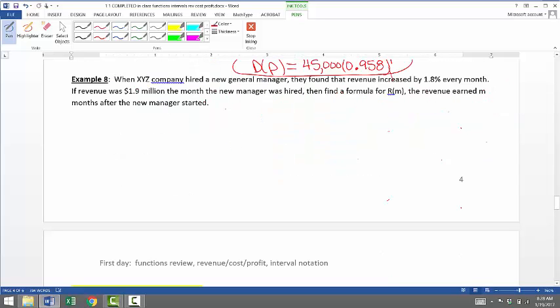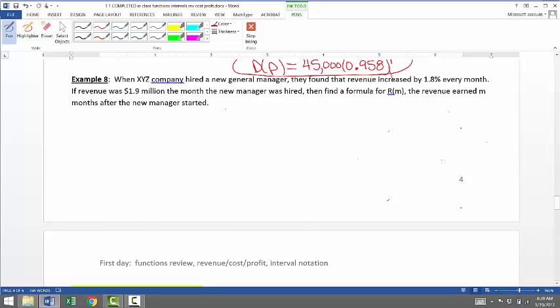In example 8, when XYZ company hired a new general manager, they found that revenue increased by 1.8% every month. If revenue is 1.9 million the month the new manager was hired, then find a formula for R of M, revenue, M months after the new manager started.